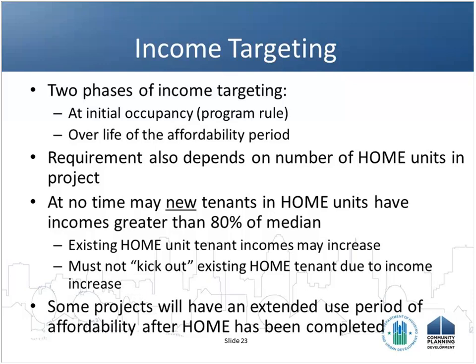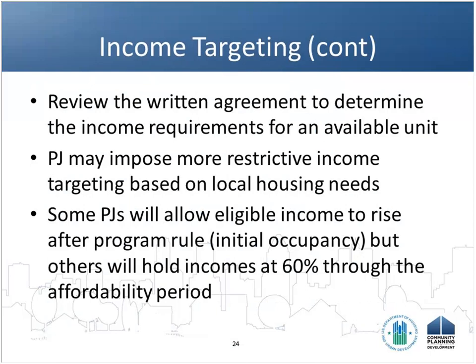So as we mentioned, some projects may have an extended use period, and so once the HOME requirements have been met, those would fall away. It would no longer be a HOME project, and whatever that extended use or other funding sources requirements would be is what would apply after that affordability period has been met.